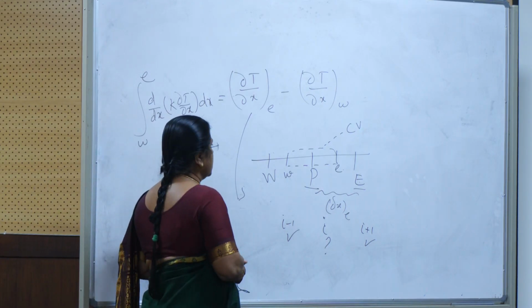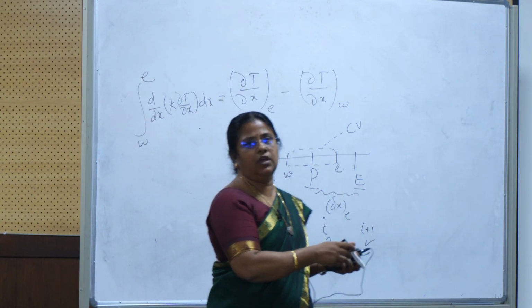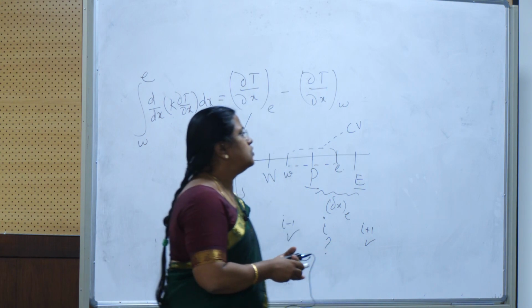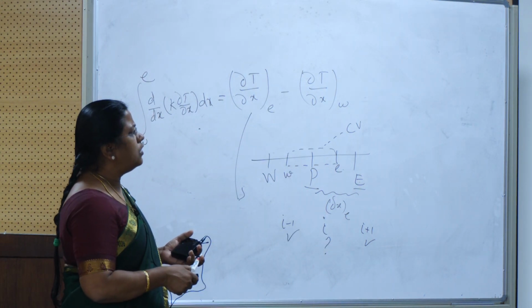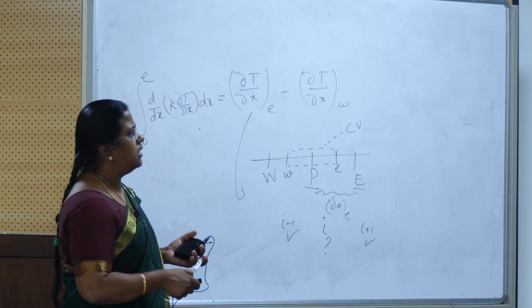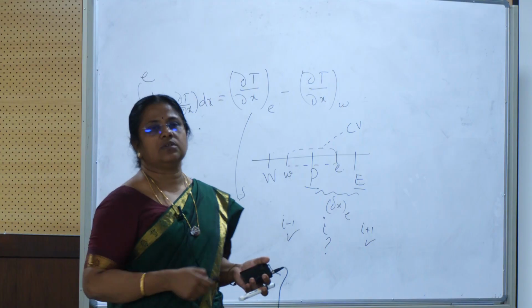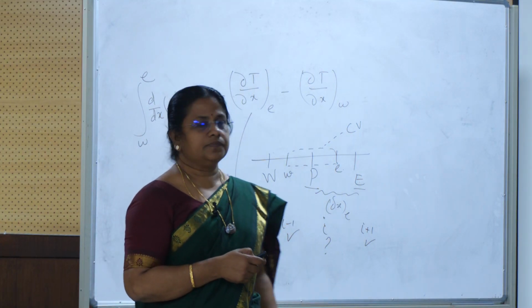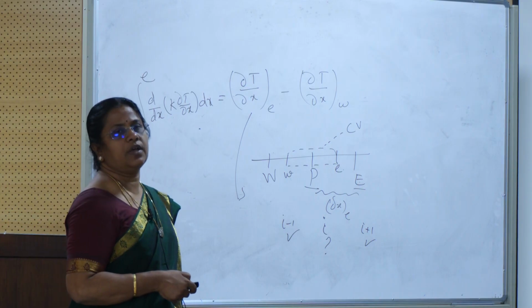Whatever flux we are taking, the derivatives here, the flux must be represented in the same way for each control volume. So all coefficients, that is AP, must always be positive. If we are making any mistakes, it will automatically be known there. Negative slope linearization is what we have just seen.